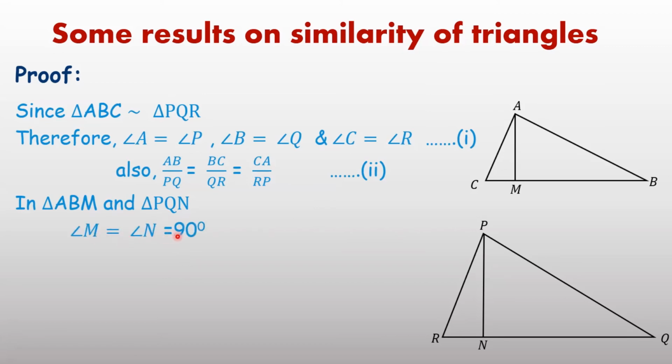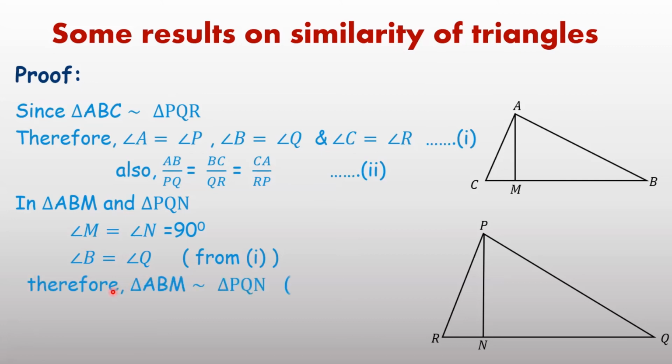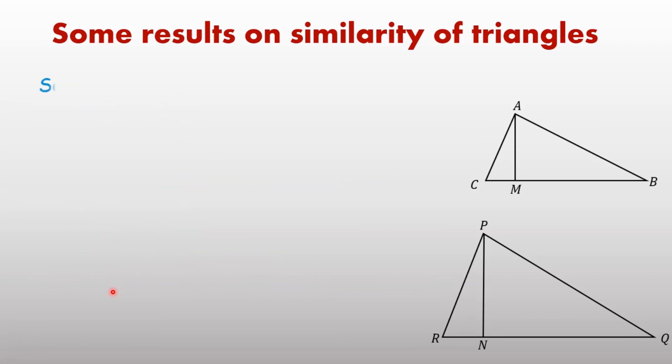M equal to N equal to 90 degree. Reason? By construction, both are perpendicular. B equal to Q from first because both triangles are similar. Therefore, ABM similar to PQN by AA similarity, and if both triangles are similar, then corresponding sides are in the same ratio.